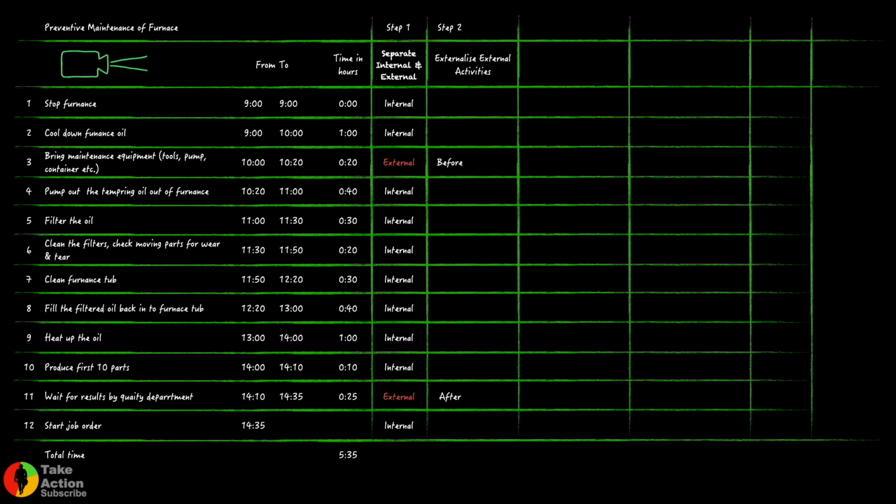So here we have activity number 3, in which the maintenance guy is bringing all his equipment, pump, container, etc. Altogether, it is taking us 20 minutes to perform that, and he can do that before the machine has been stopped or during activity number 2 when the machine is being cooled down.